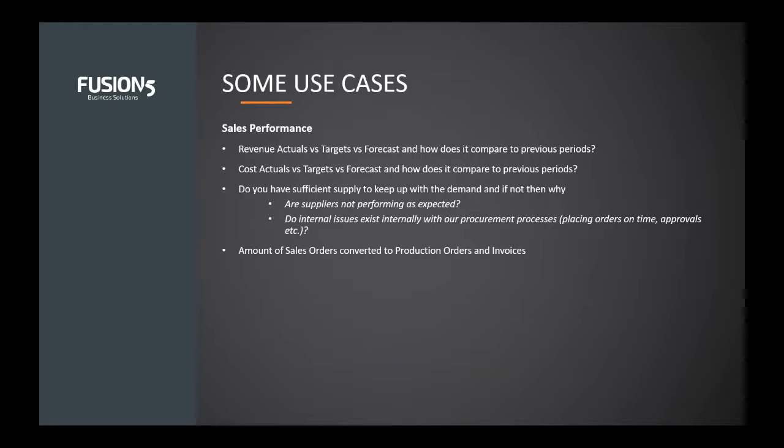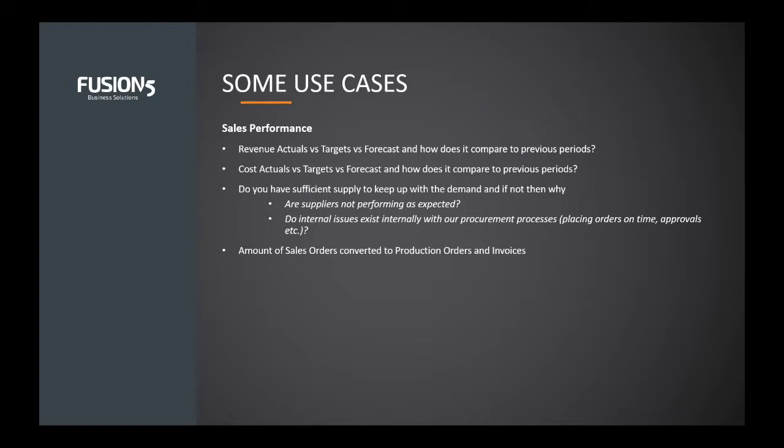Someone's always on leave, and it always happens to be one of the approvers. So we write reports as basic as just showing the average time to approve purchase orders before they get sent off to the vendors. And we can call these people out by name. Not that we want to shame anyone, but that's where we need to start identifying where the holdups are in the process.